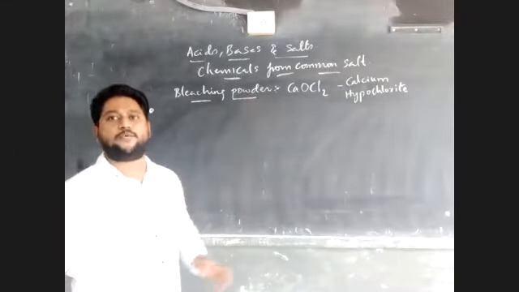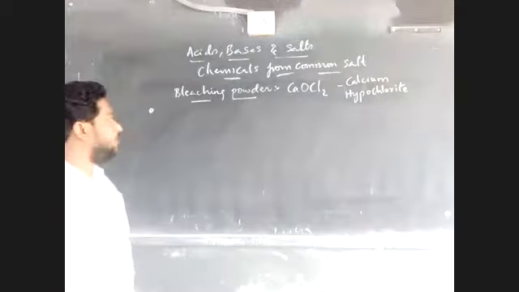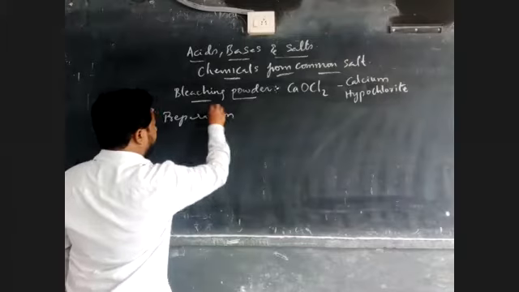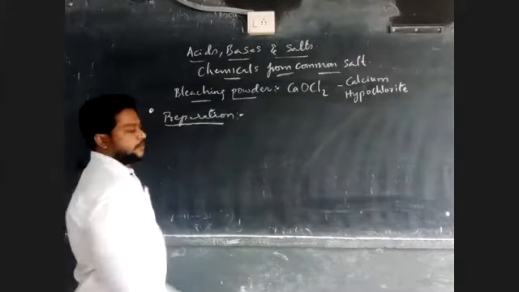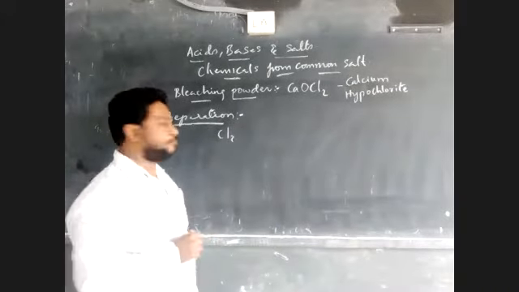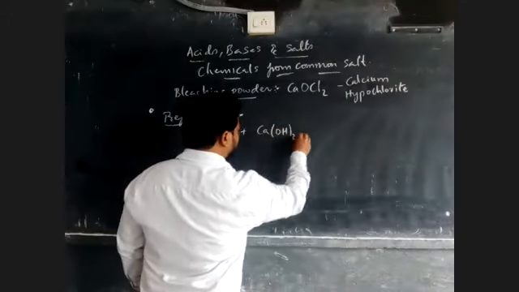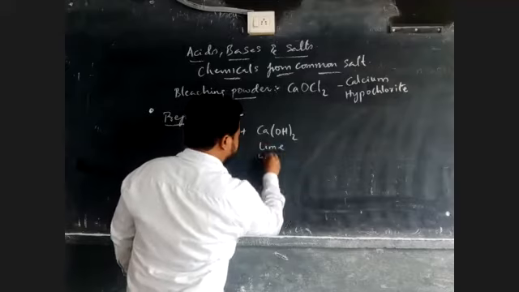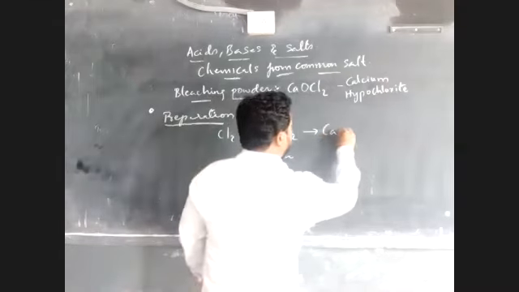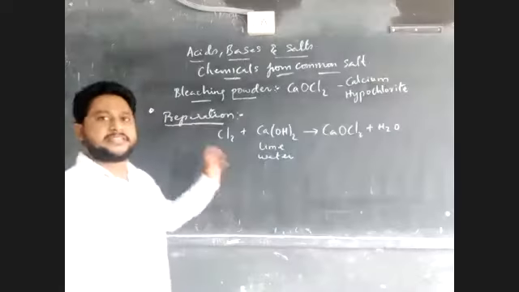Its formula is CaOCl2 and its chemical name is calcium hypochlorite. Now let us see its preparation. How it is prepared. When chlorine gas that is obtained in chloroalkali process is passed through lime water, we get bleaching powder and water. Now this is the preparation.